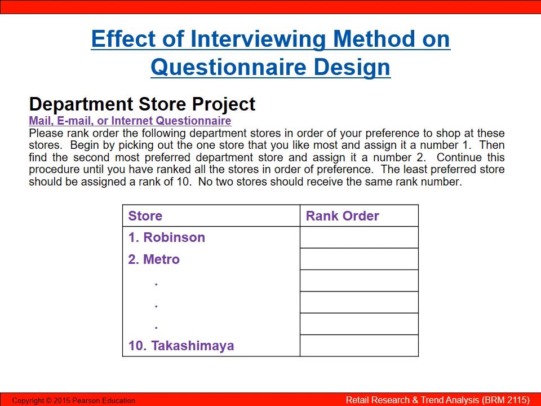In computer-assisted personal interview, CAPI, and computer-assisted telephone interview, CATI, complex skip patterns and randomization of questions to eliminate order bias can be accommodated easily. Internet questionnaires share many of the characteristics of CAPI, but the email questionnaire has to be simpler. Questionnaires for personal and telephone interviews should be written in a conversational style.